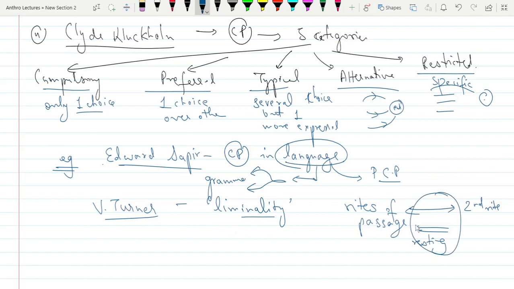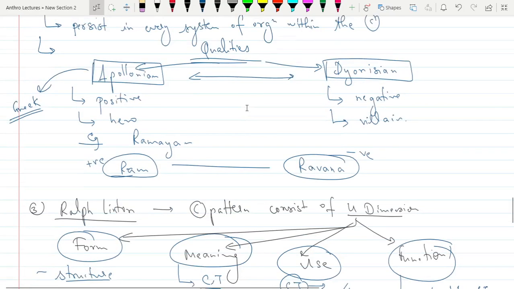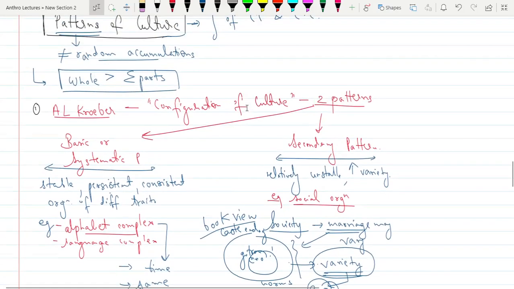For Victor Turner, this transition phase within rituals reflects a cultural pattern of transformation. If you write all these examples, it will give you more marks than just general examples. This is what culture pattern is all about.